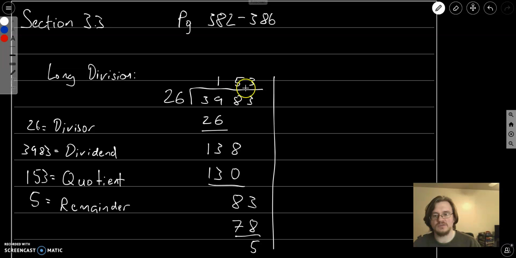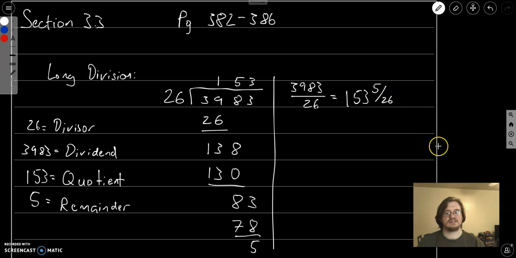So when we write this down, 3,983 divided by 26 is going to be equal to 153 plus a little bit extra, 153 and 5/26. What you'll notice is that this last 5 I can't divide by 26, so the best I can do is to write it down as a fraction. So this is going to be 153 and 5/26.